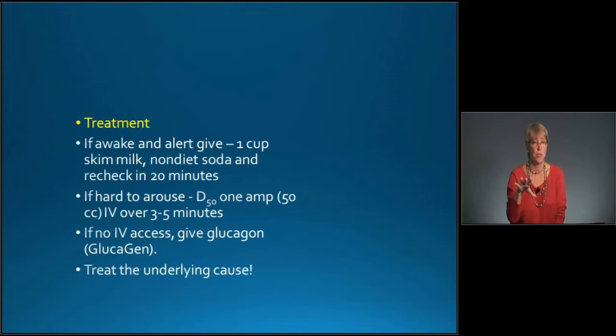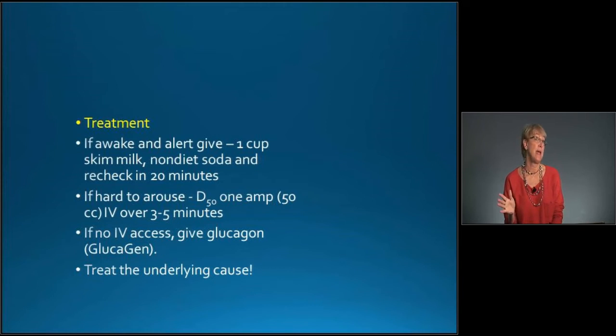Everyone has a different policy that guides therapy or treatment modalities for a patient who is hypoglycemic. Now, if they're hard to arouse and symptomatic, then we're going to go for the quick fix: an amp of D50 IV over 3 to 5 minutes.